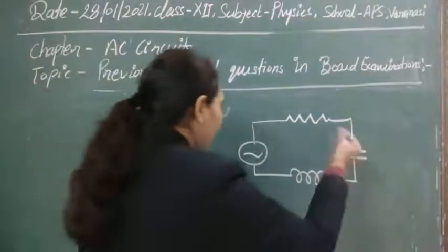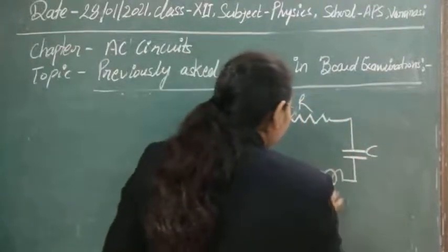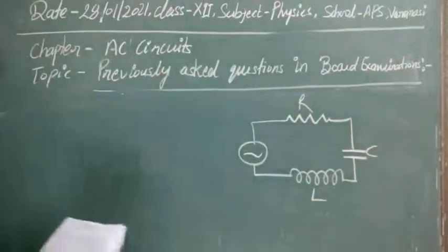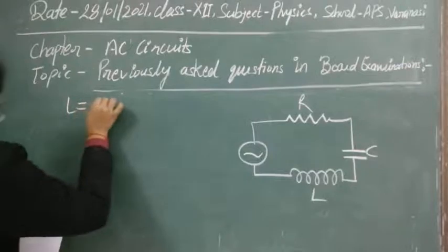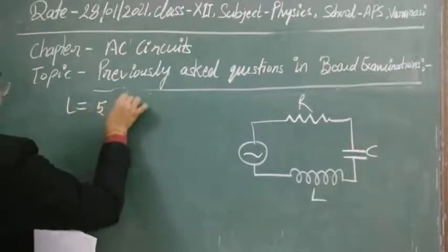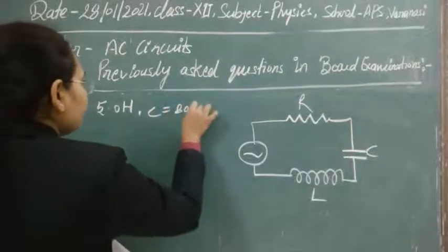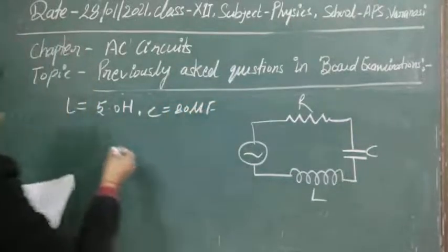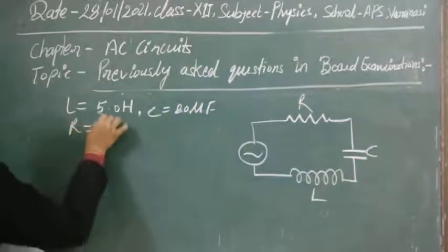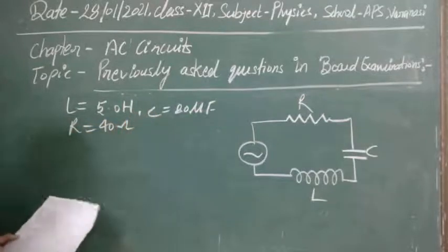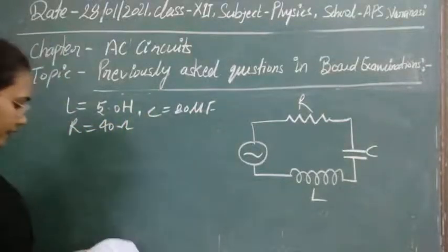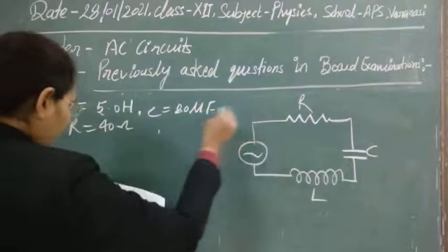The values of L, C and R are already given. The value of L is 5.4 Henry, the value of C is 80 microfarad, and the value of R is 40 ohm. And this is connected to a variable frequency 240 volt source.